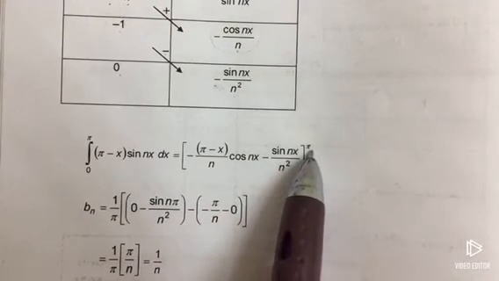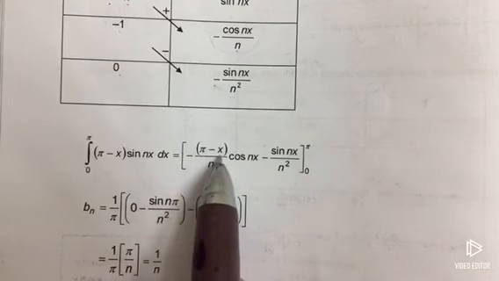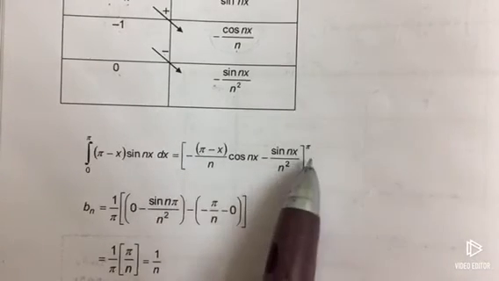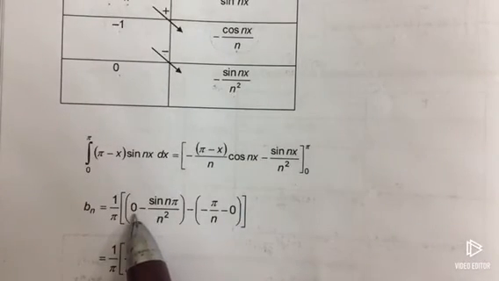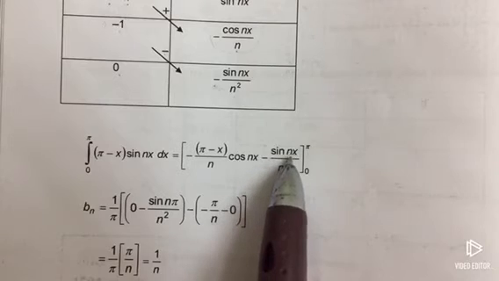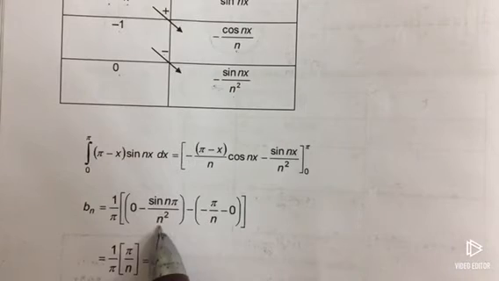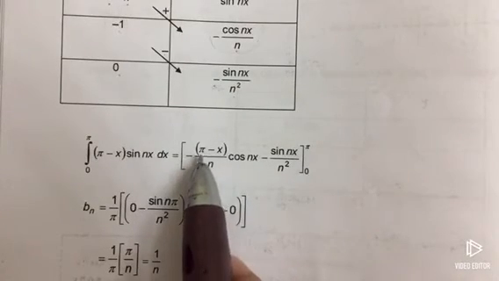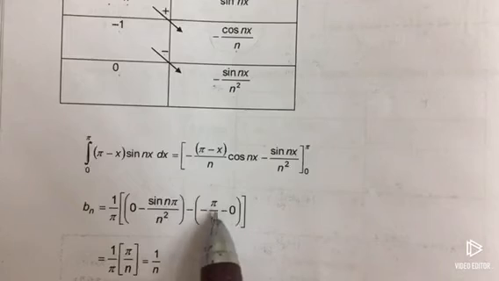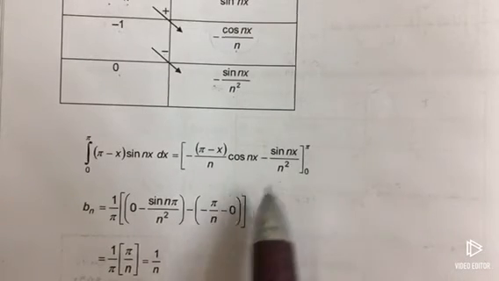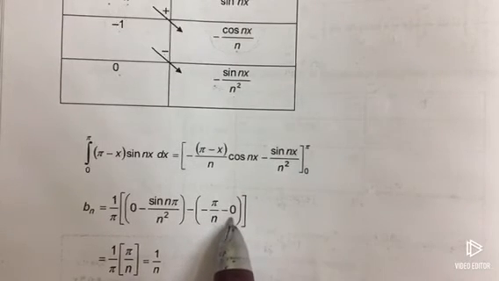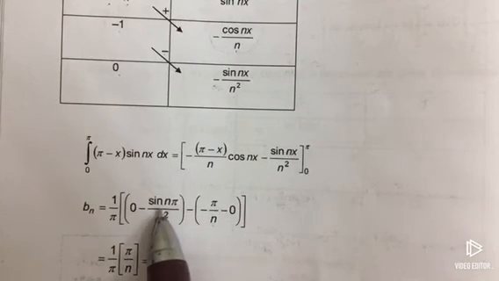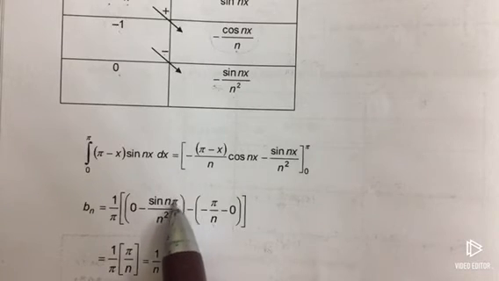Okay, next substitute pi and 0 into x. So first substitute pi: pi minus pi equal to 0, sin n pi over n squared, substitute 0: pi minus 0 over n, we get pi over n, substitute 0, sin 0 over n squared equal to 0. Okay, sin n pi equal to 0.